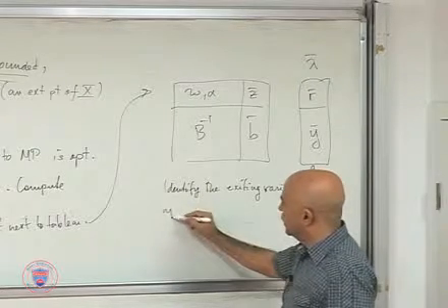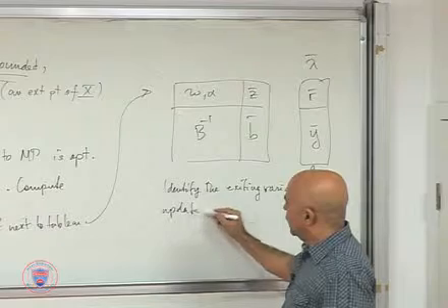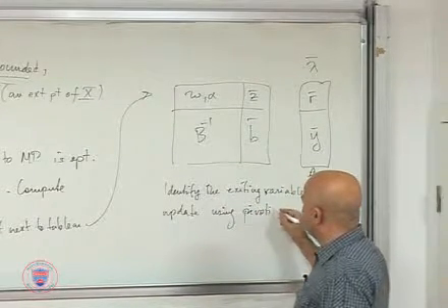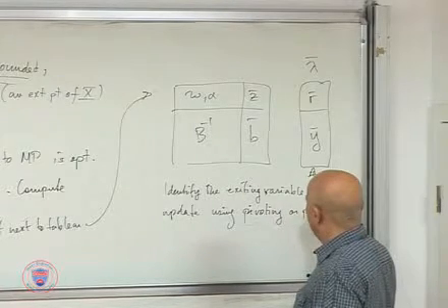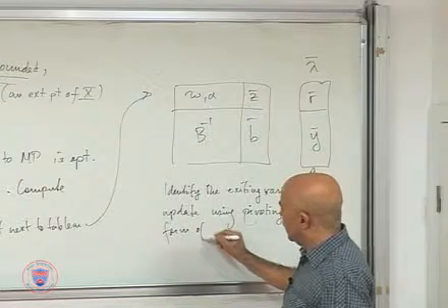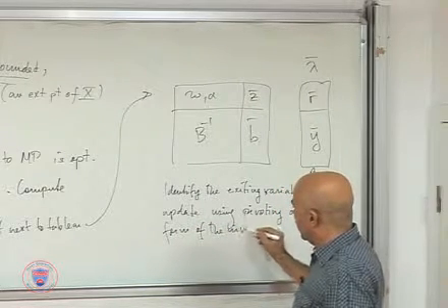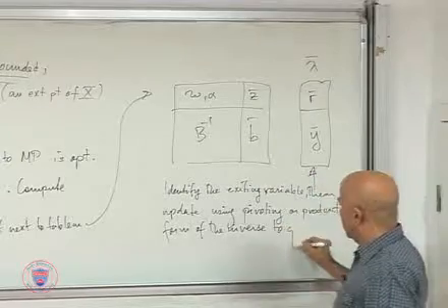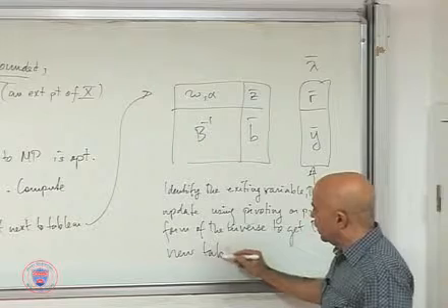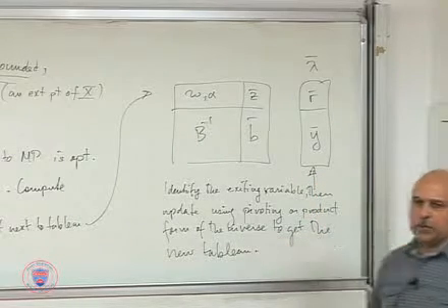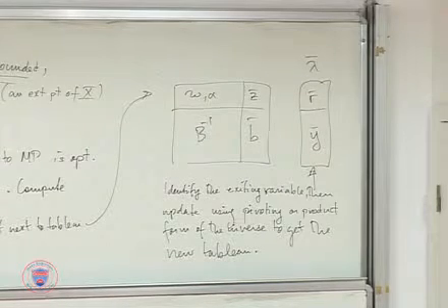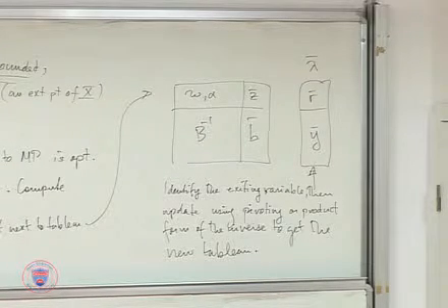Then update using either pivoting or product form. So you get the new tableau either via pivoting or via product form of the inverse.